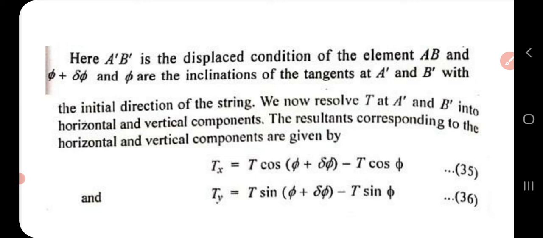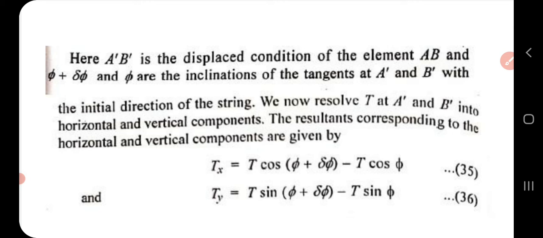Now what is phi plus delta phi? It is the inclination of the tangent at A dash, and phi is the inclination of the tangent at B dash. Now we are going to resolve the tension T at those two points, A dash and B dash. That is, we are resolving it into horizontal and vertical components.